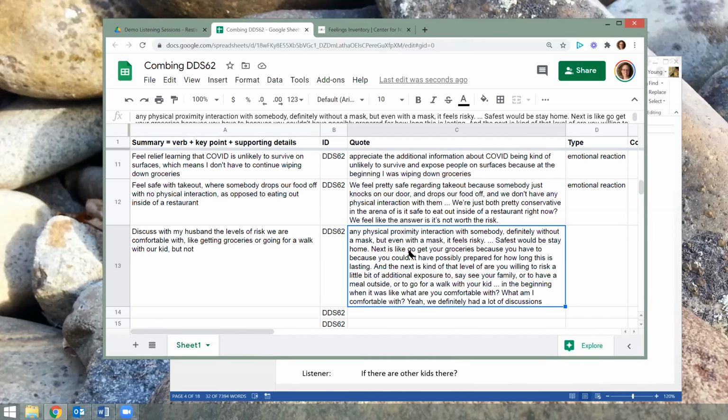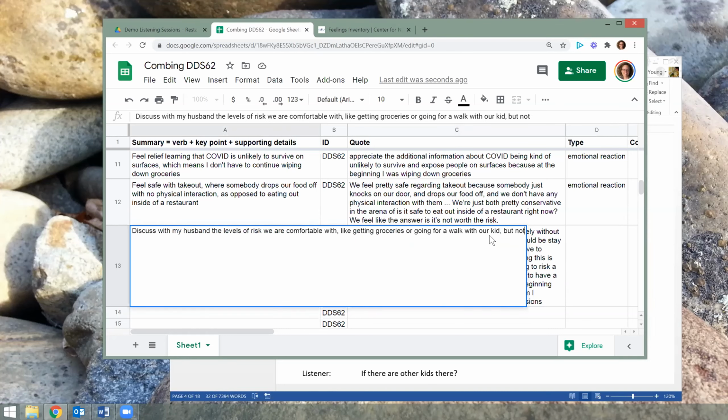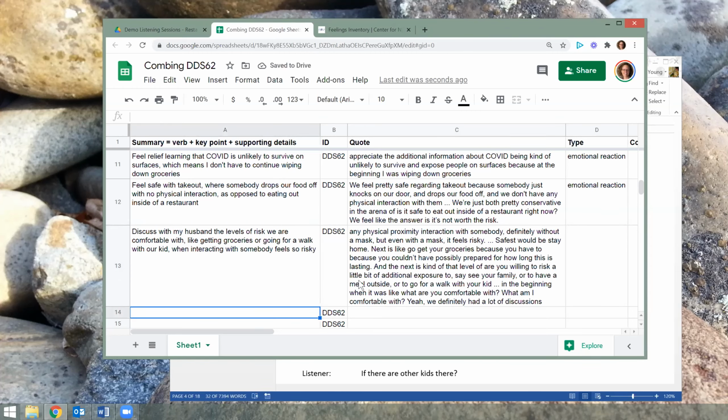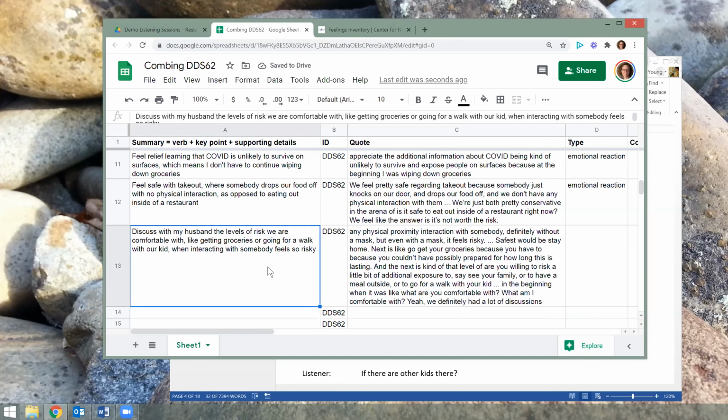Interacting with somebody. How about when? Because she uses that when interacting with somebody feels so risky. I know she didn't say so, but it works really well in the summary. Discuss with my husband the levels of risk we're comfortable with, like getting groceries or going for a walk with our kid, when interacting with somebody, even with a mask, feels so risky.